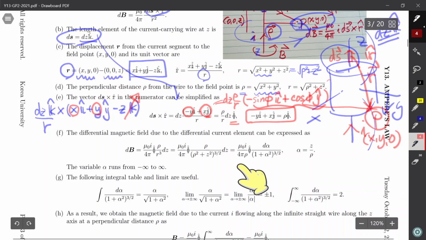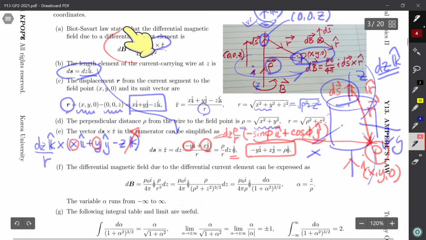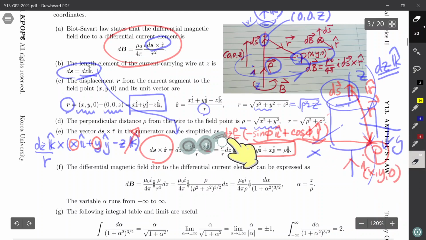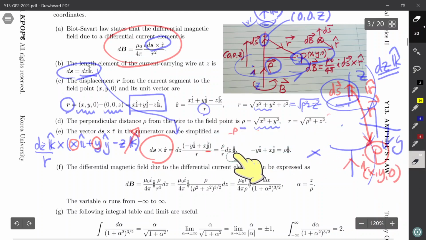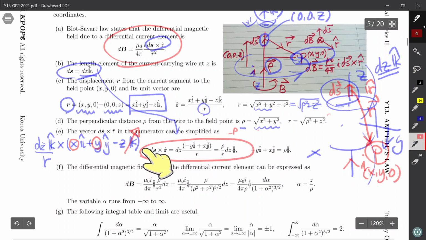The differential magnetic field due to the differential current element can be expressed as, now we substitute this result into here.